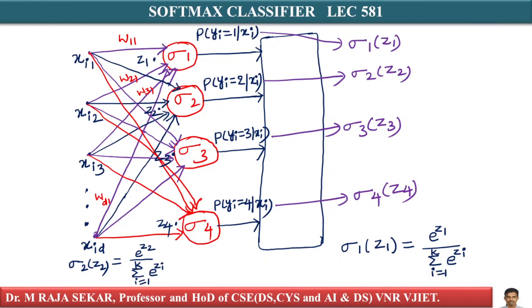It means probability of y equal to 1 given xi, isn't it? So in a nutshell, Softmax is basically a generalization of logistic regression to a multi-class setting, isn't it? Just see here, I have sigma 1 z1, sigma 2 z2, sigma 3 z3, so on sigma 4 z4. The sigma 1 z1 value is the probability of y equal to 1 given xi.